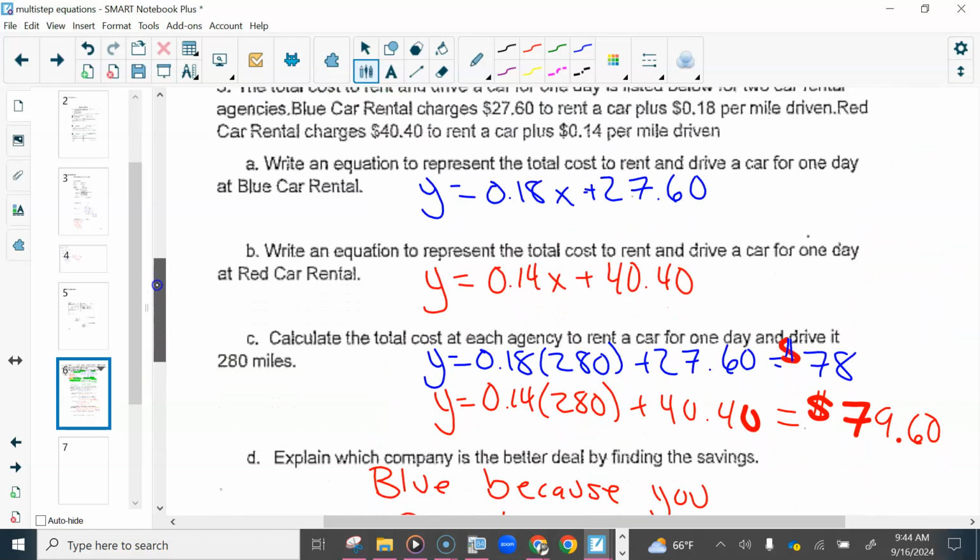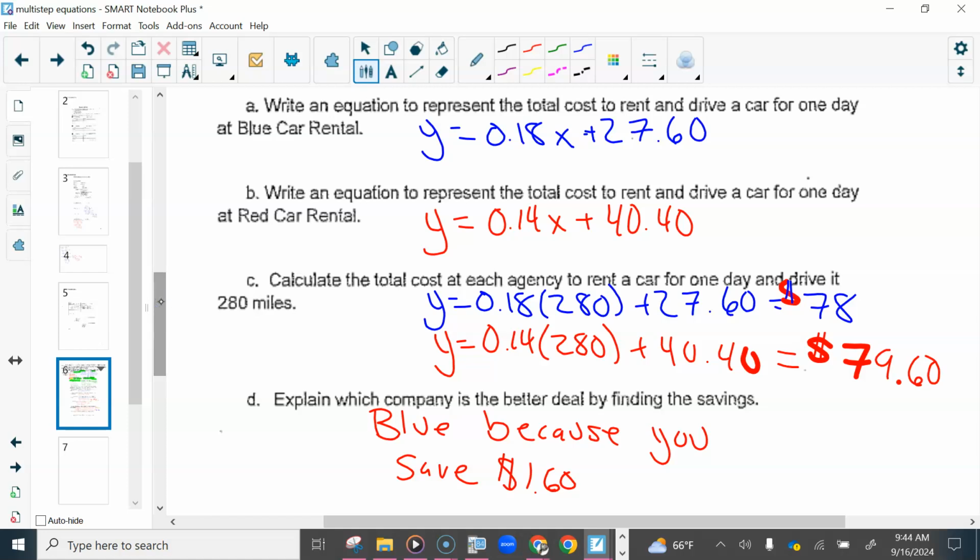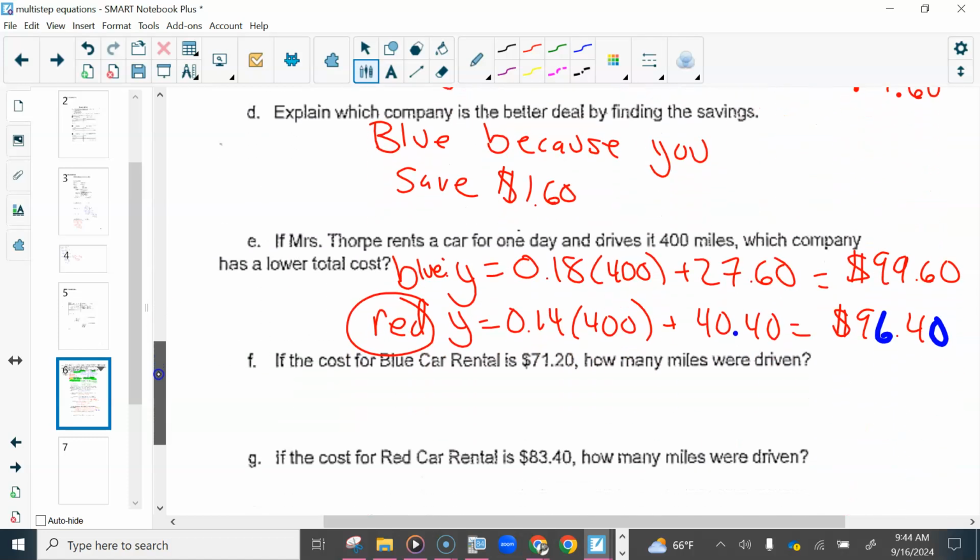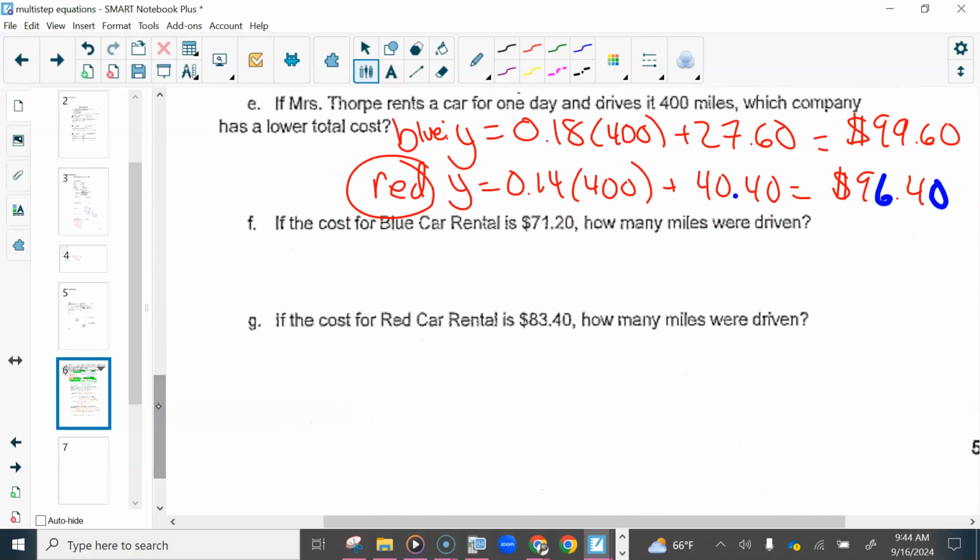Previously, it was the blue, so maybe at a certain point, blue is fine and it's cheaper, but then at some point it changes. The more miles, if you have to go more than that certain point, then the red one is better.